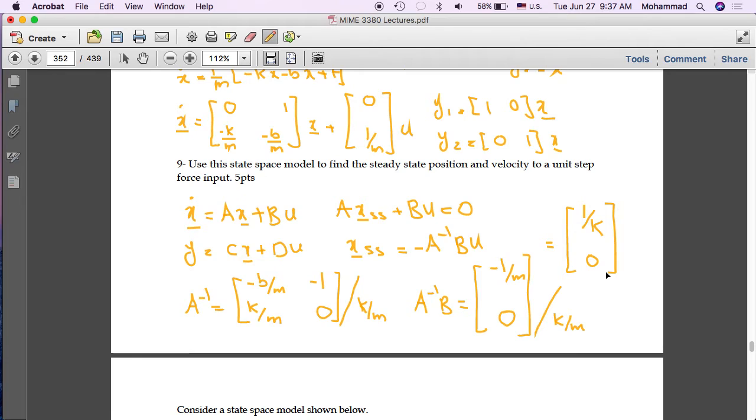But eventually it will settle at 1 over k for position, and its velocity would be 0 when it reaches steady state. And that's how we know we did something right, because if we were to find a non-zero velocity, it means we are not at steady state. The definition of a steady state is that all the dot terms have to be equal to 0. So we are reaffirming that.